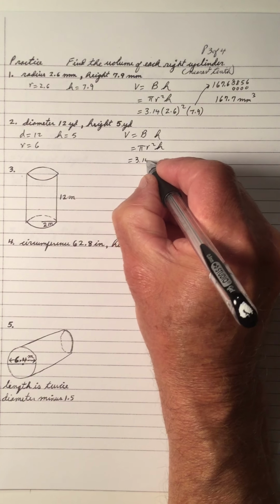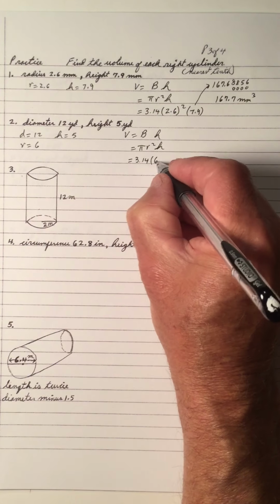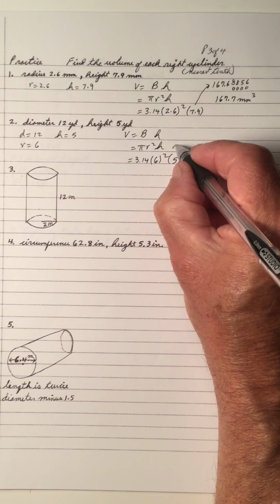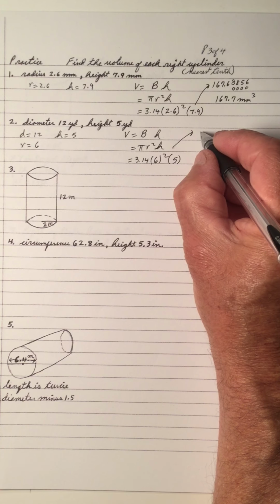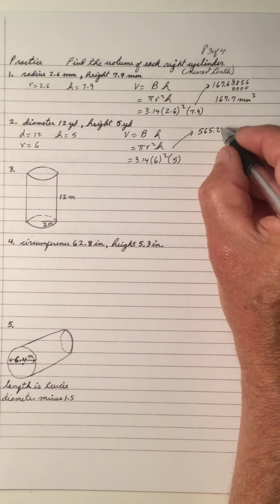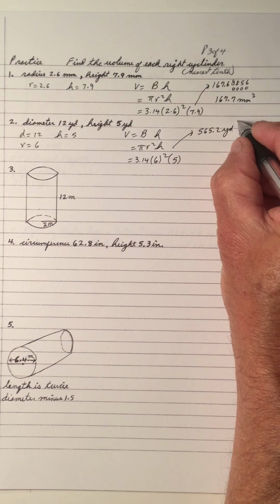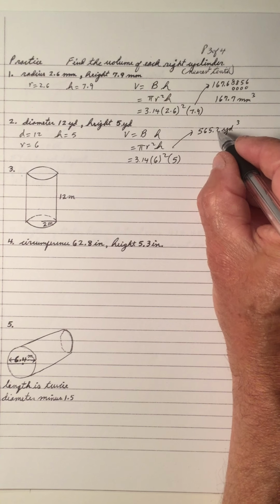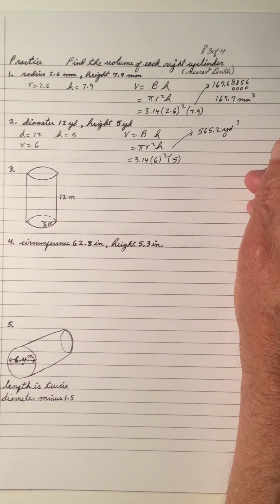So it's 3.14 times the radius, which is 6 squared, times 5. And that gives us, on a calculator, 565.2. There's no rounding, but the volume is cubic. So it's already to the nearest tenth because there's no hundredths there.